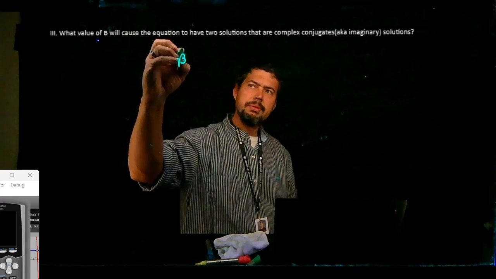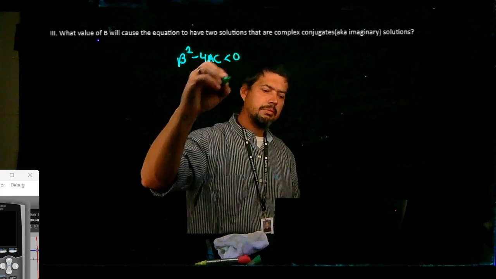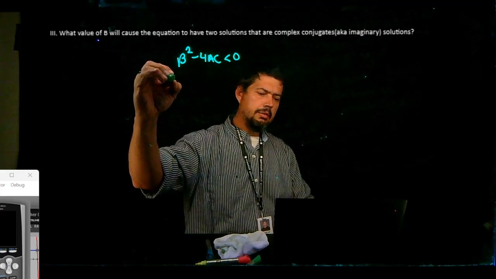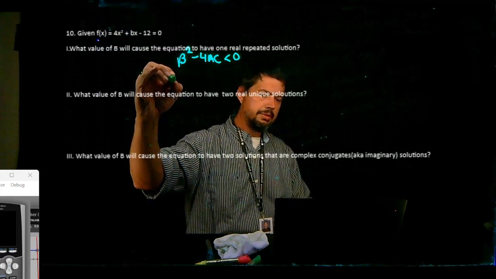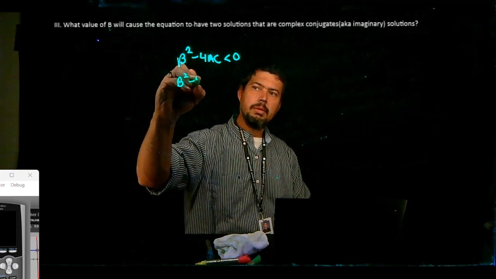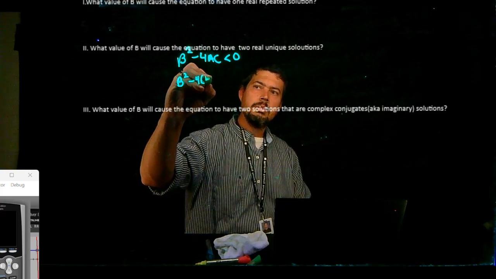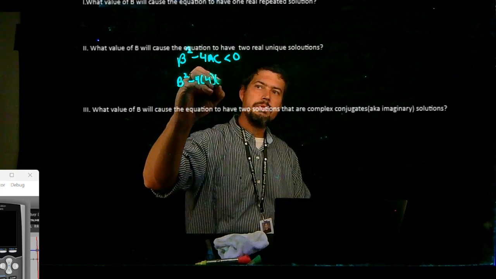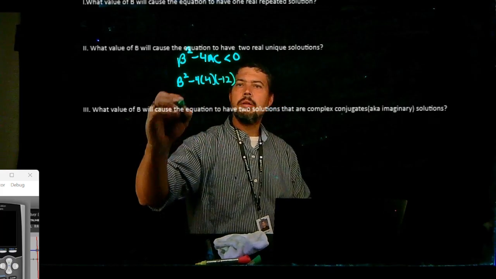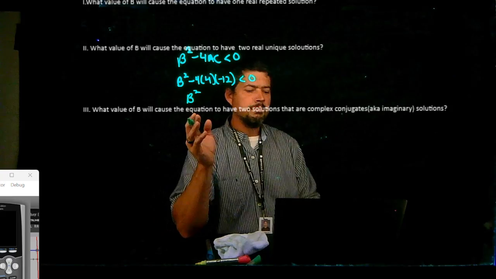But this again happens when b squared minus 4ac is less than 0. So b, looking back up above, is still b squared minus 4 times a, which is still 4, times c, which is negative 12.